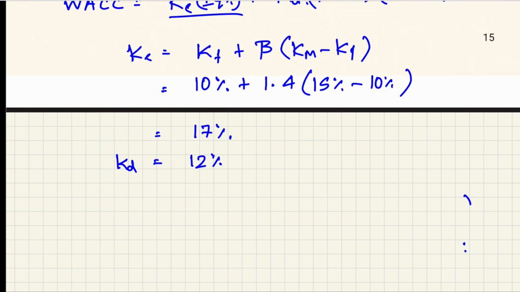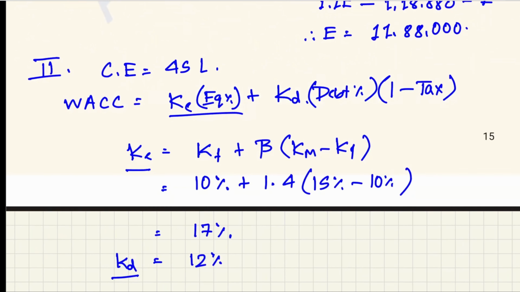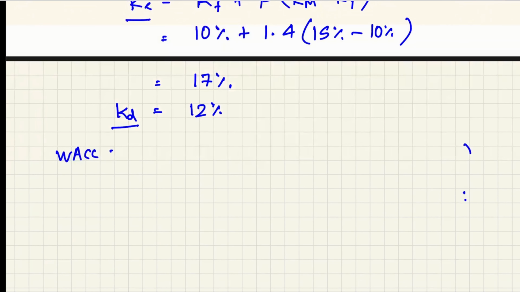Now we have KE and KD. Now we can calculate weighted average cost of capital. So WACC is equal to 17%, and the proportion we will write it, plus 12%, we will write the proportion, into 1 minus tax. So 1 minus 0.312, which is 31.2%.